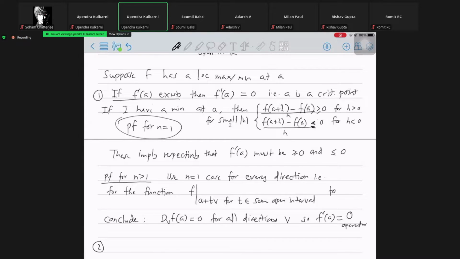Now let us say in addition, suppose that f double prime of A exists.